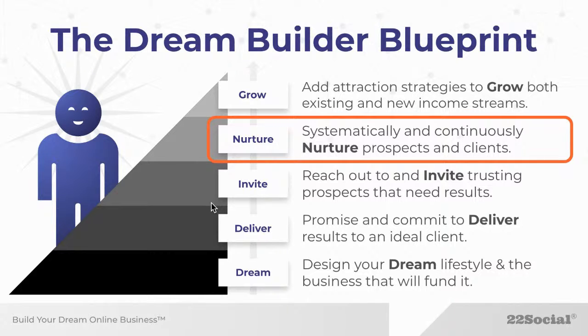Today we're going to cover the 4th step, which is to systematically and continuously nurture prospects and clients. Having a free membership is a way to systematically nurture prospects to have them turn into clients, and clients that they refer. Speaking of referrals, we're going to talk today about ways to encourage referrals for your free membership that could ultimately turn into referral clients, or prospects that become clients.